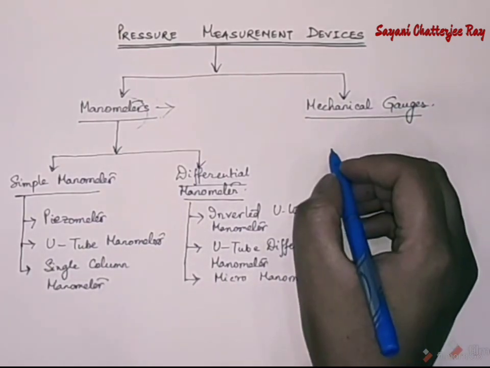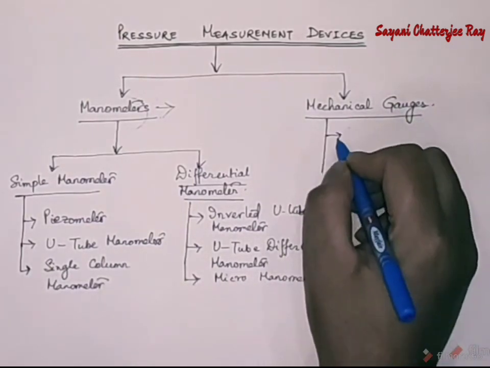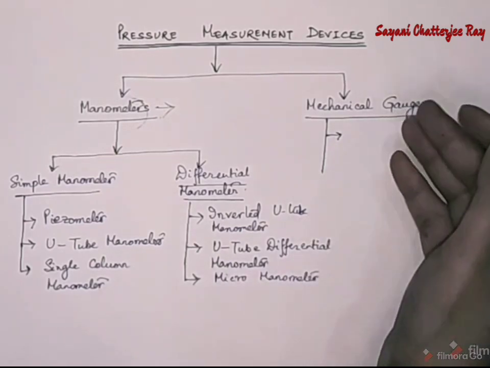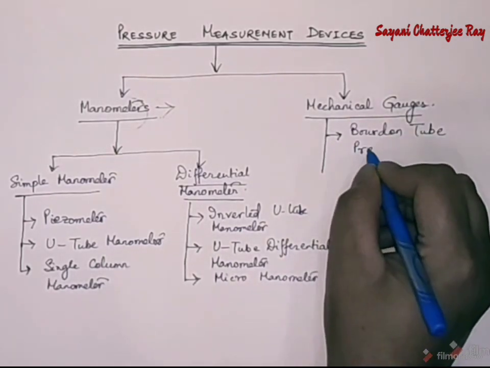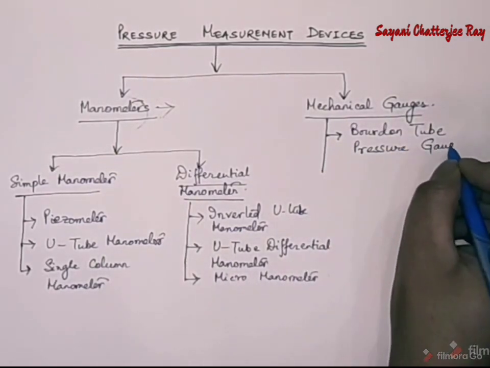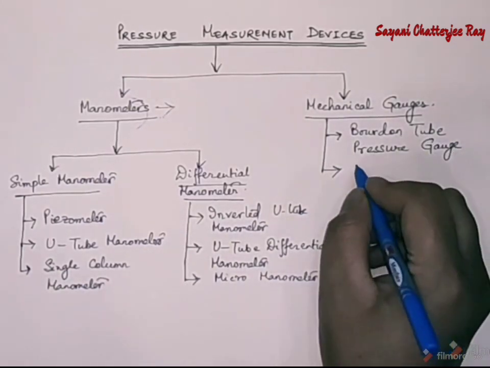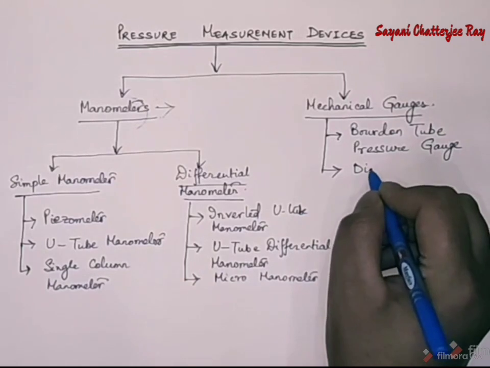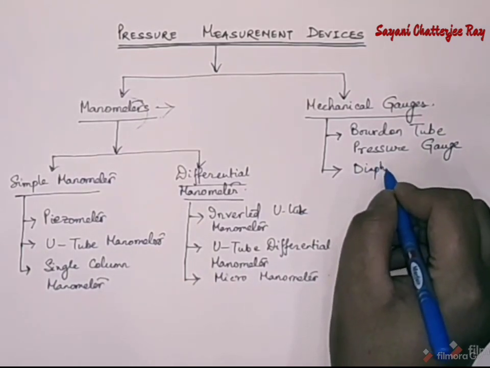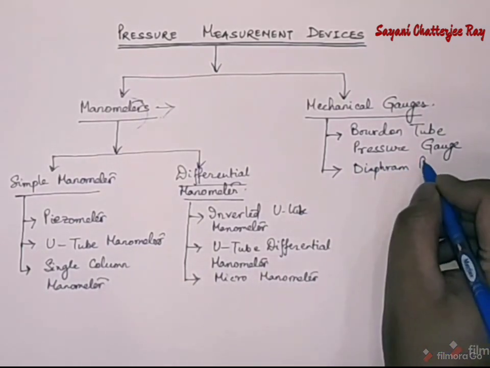Mechanical gauges are classified into four types. The first one is a Bourdon tube pressure gauge. The second one is a diaphragm pressure gauge.